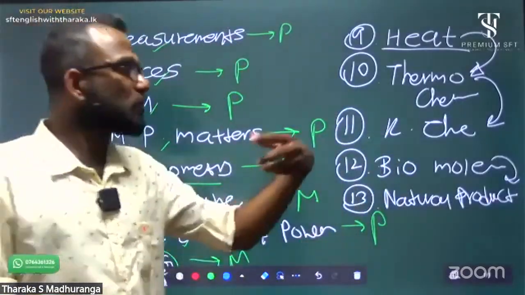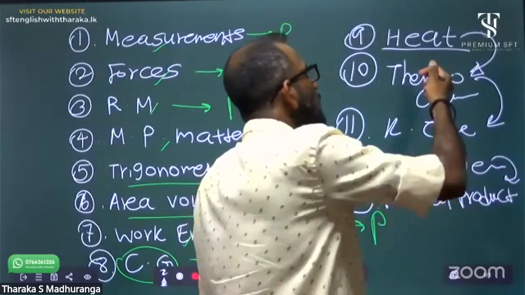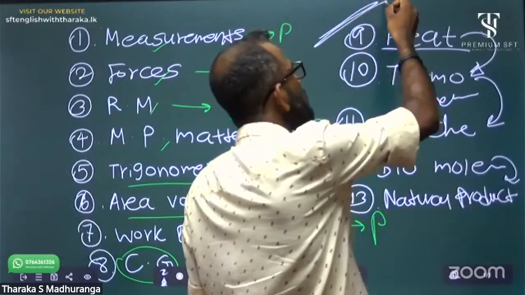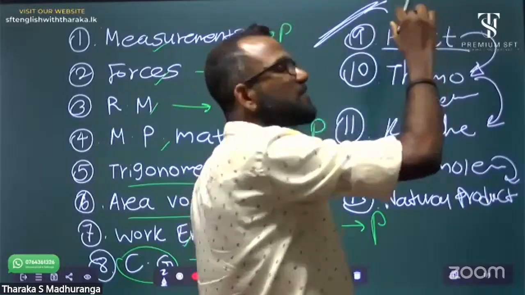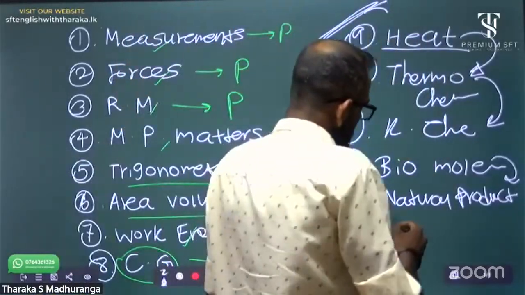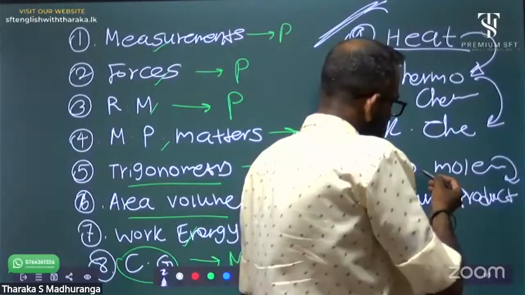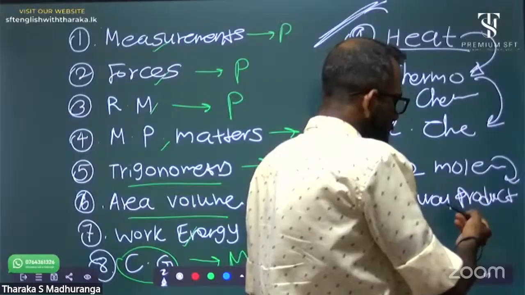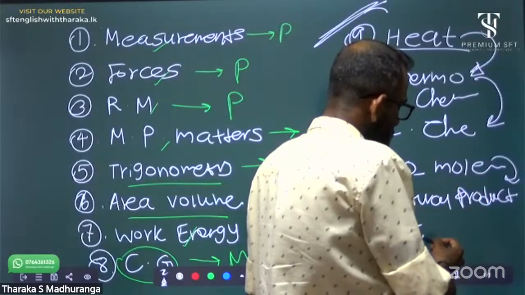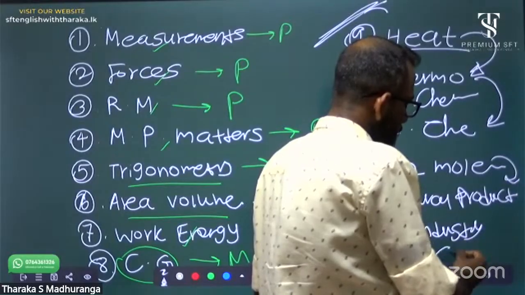Okay, what I want to show you is that after this heat lesson, all lessons have interconnection. After natural products, with this biomolecule and natural products knowledge, we can start industrial chemistry. Most important lessons, industrial chemistry.